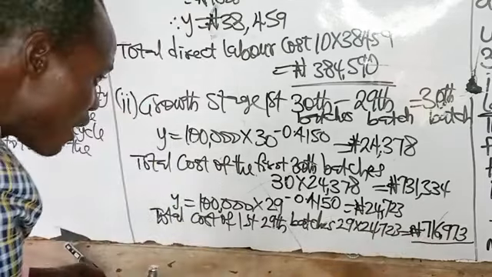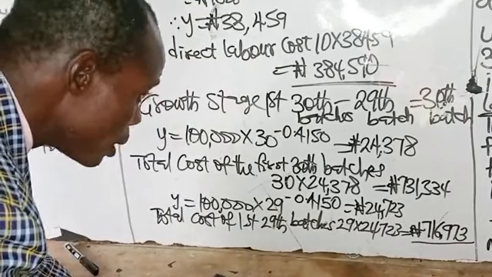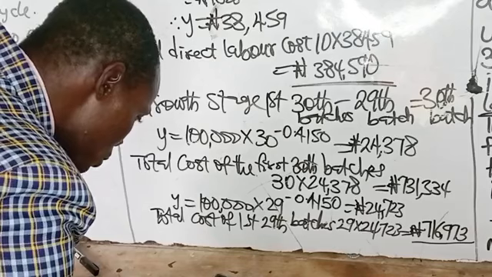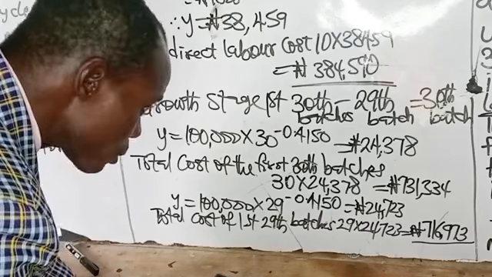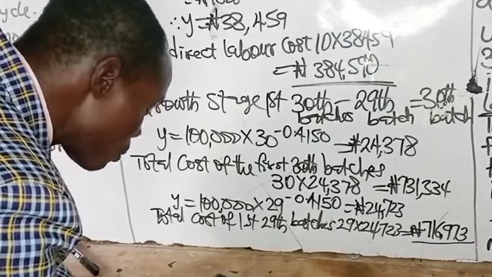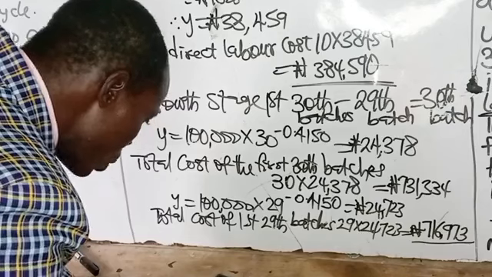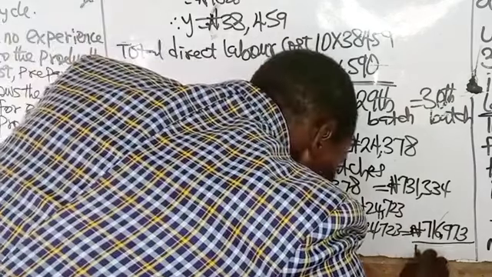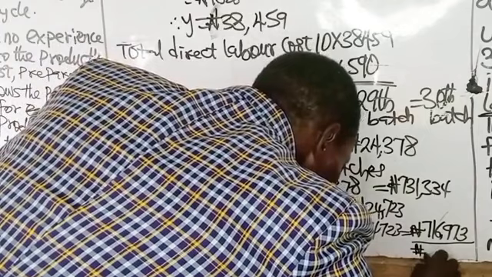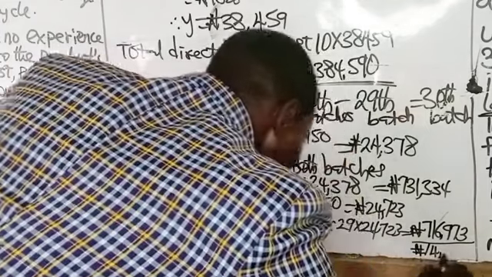If you now find the difference between the two, 731,334 minus 716,973, you have 14,361.